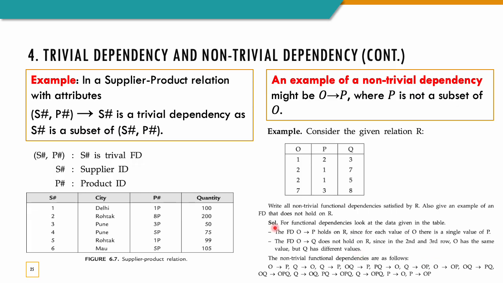The dependency of S and P to S is a trivial dependency as S is a subset of S and P, because S, the supplier, is already in the larger set of S and P. So it's trivially dependent.